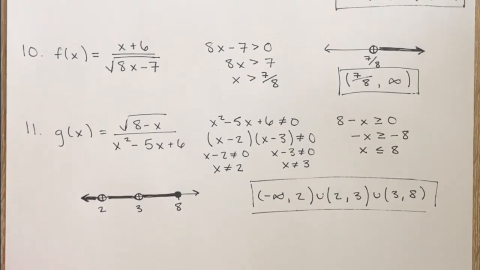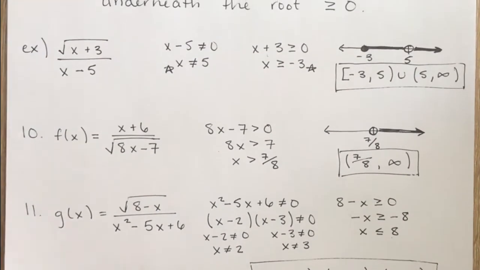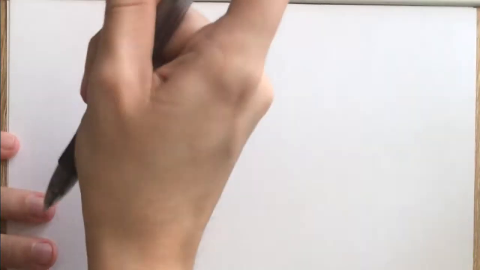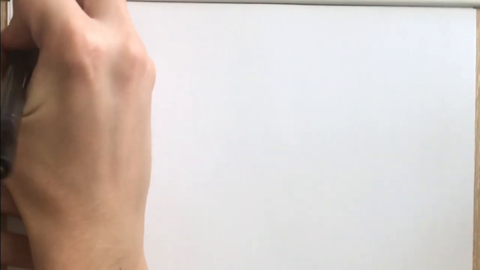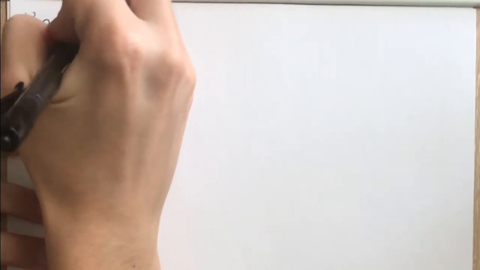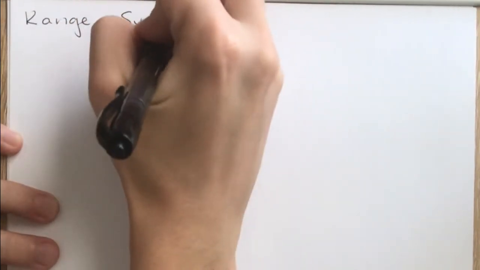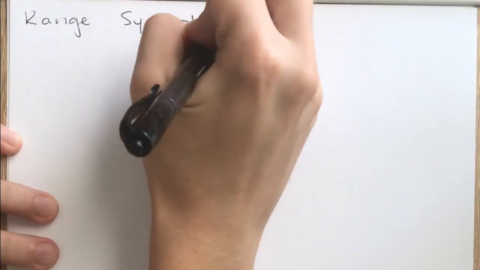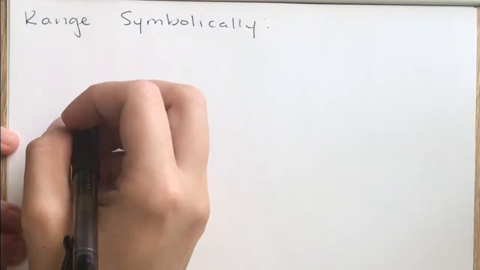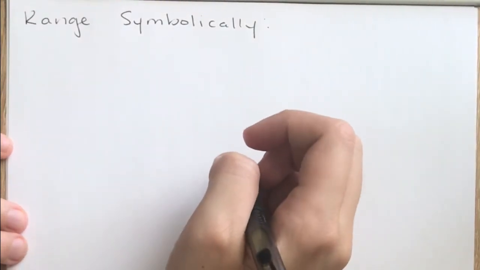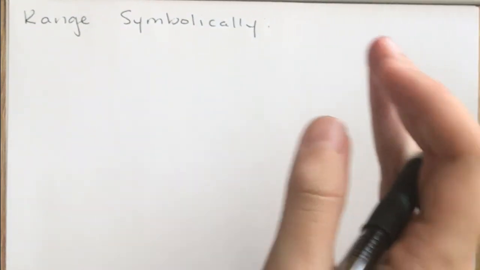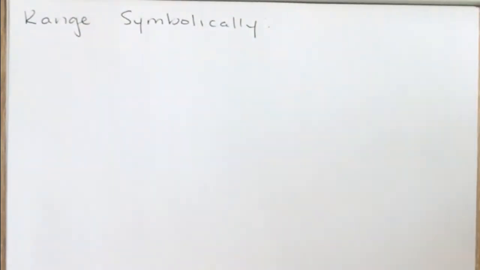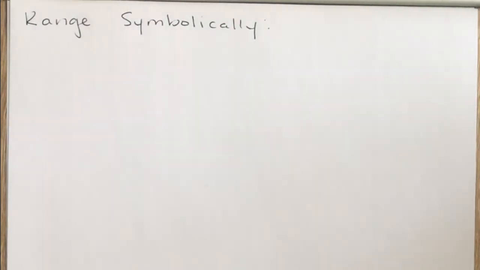Okay, let's talk about range really quickly. So when looking at range symbolically, it's very complicated to do mathematically looking at the equation. So we want to utilize our transformation and graphing concepts.